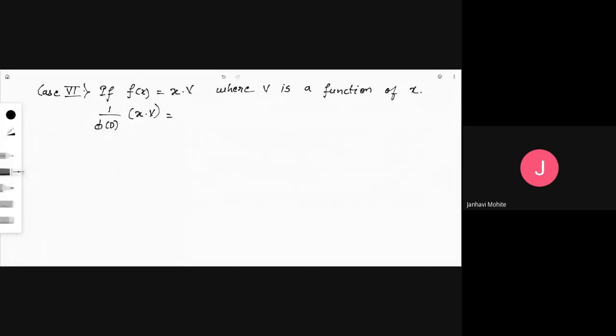Okay. So please tell me what is the difference between fifth and sixth rule? What is the difference in f of x of fifth rule and sixth rule? Sir, don't know.